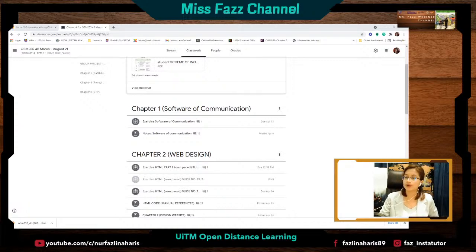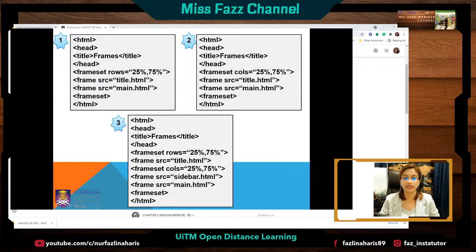So frame number 1, frame number 2, and frame number 3. So you have to use this coding. You need to create a new HTML. Then 1, 2, and 3, this will be a different HTML document.